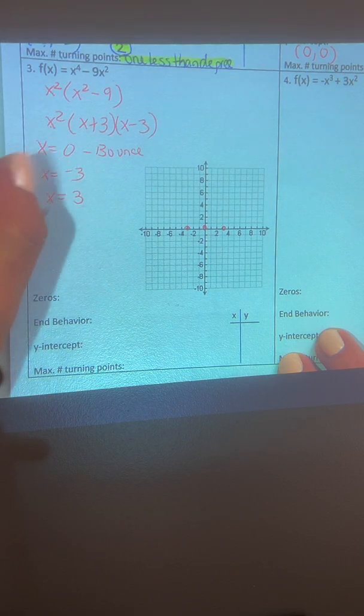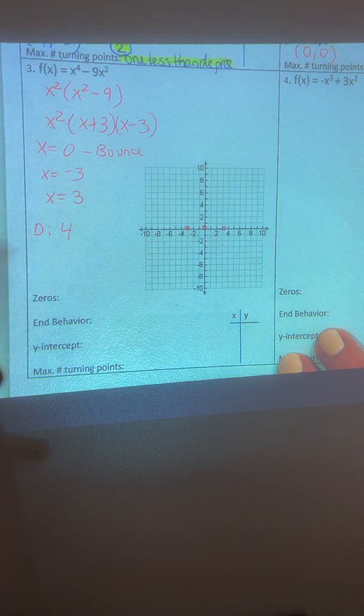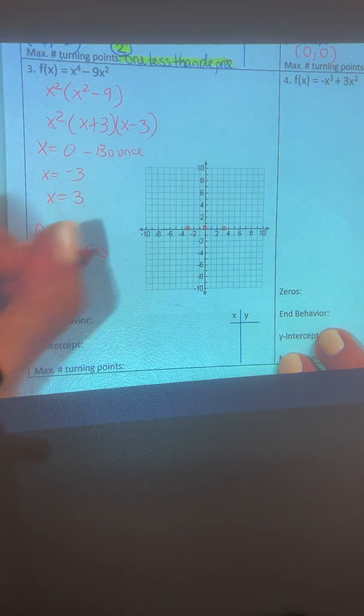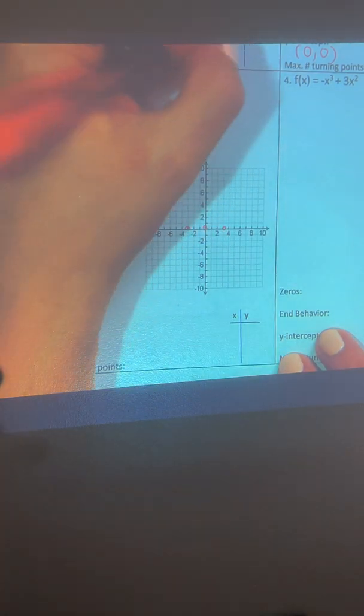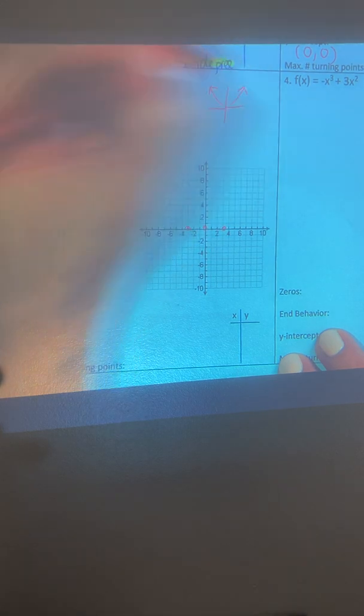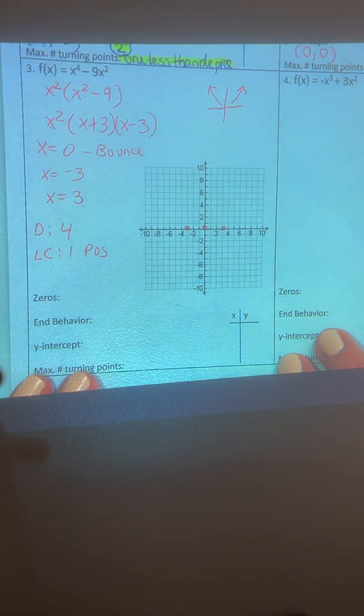Okay, so the degree is 2, 3, 4. And the leading coefficient is 1, so therefore it's positive. So now we have even positive. Even positive looks like this. Okay?